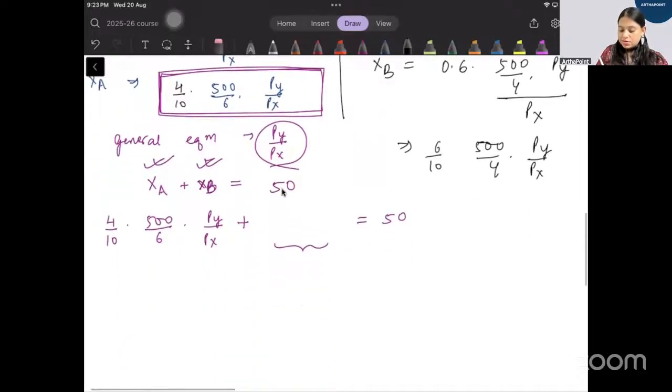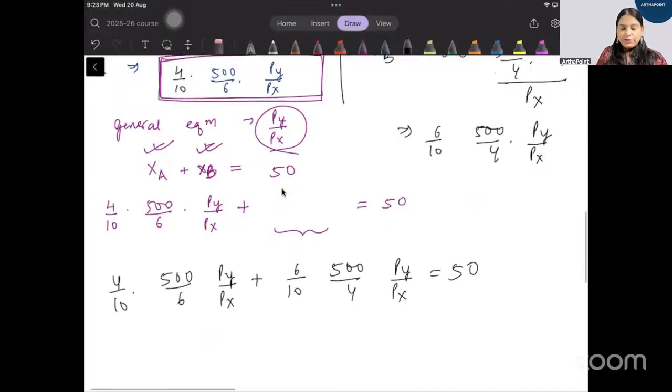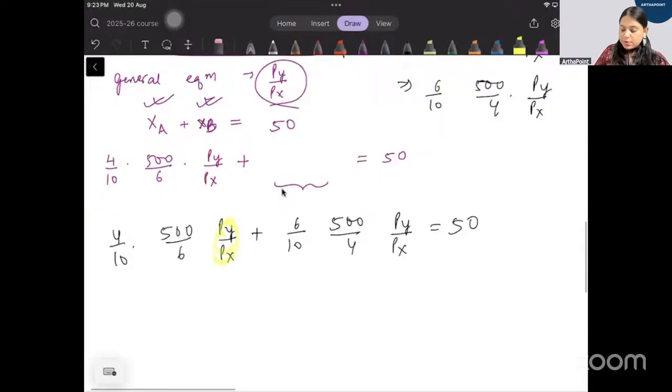Putting that here: 4 by 10, 500 by 6 PY by PX plus 6 by 10, 500 by 4 PY by PX equals 50. If you solve this, you should be able to get PY by PX.